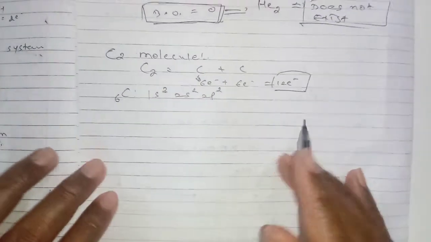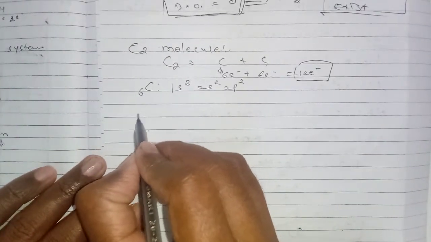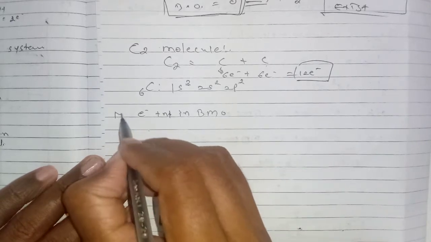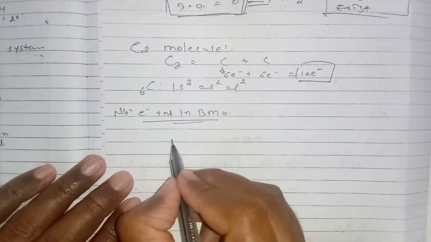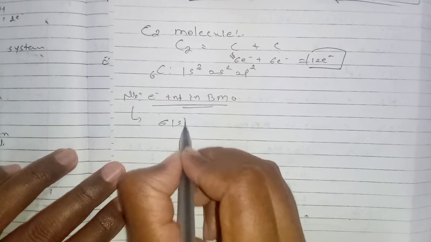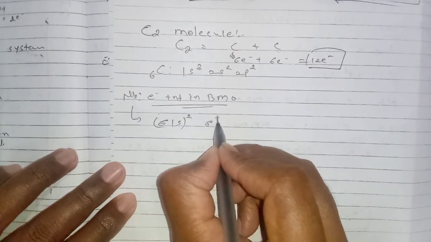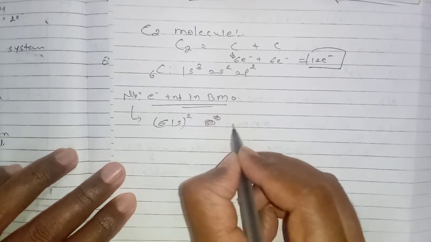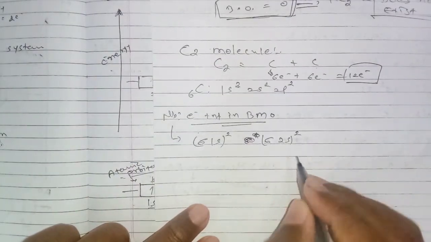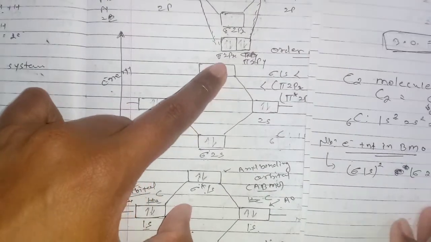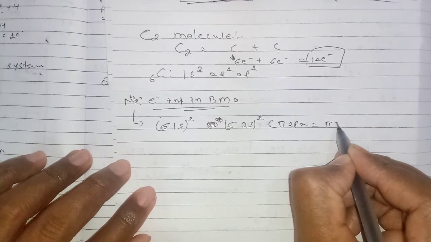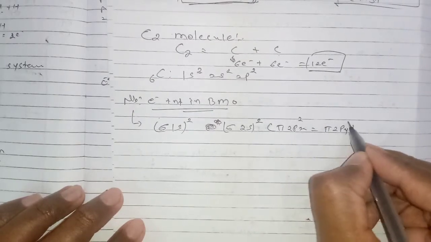Now for the electrons present in bonding molecular orbital, or Nb, the orbitals are sigma 1s, sigma 2s, 2 electrons, and then pi 2px equal to pi 2py, and they have 2 electrons.